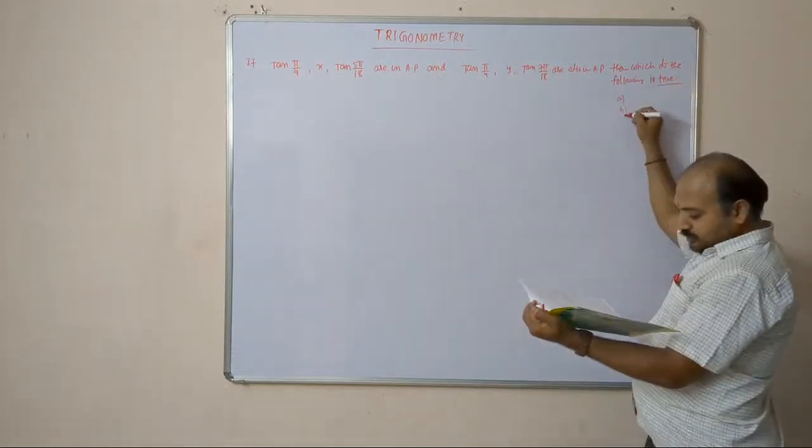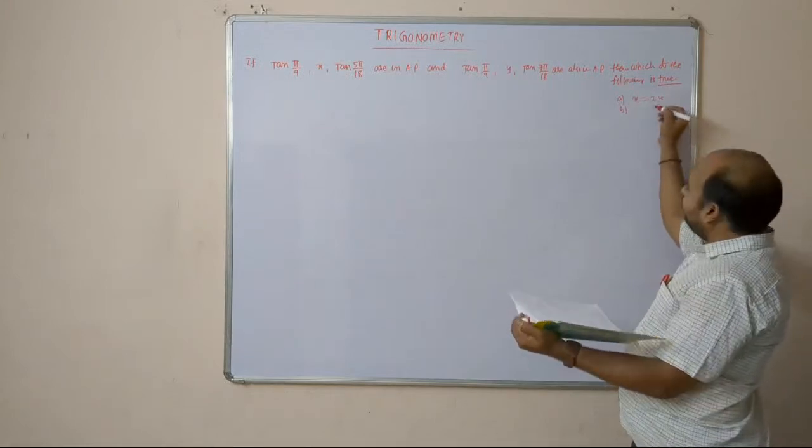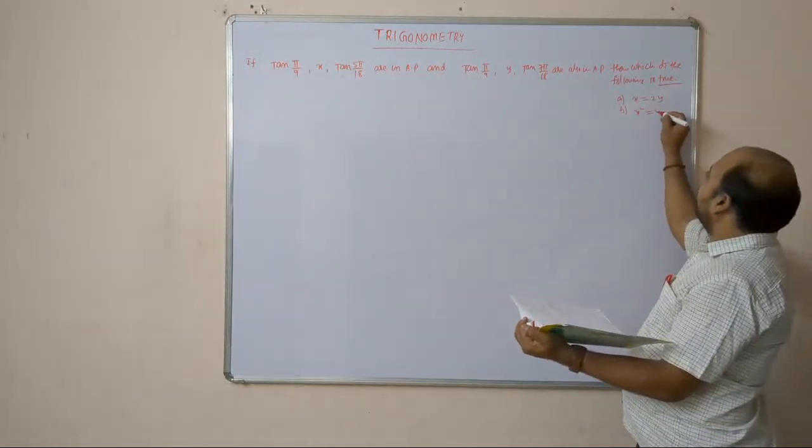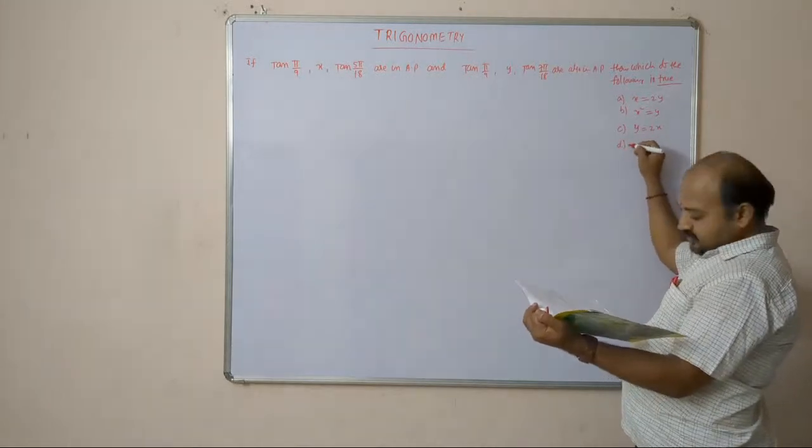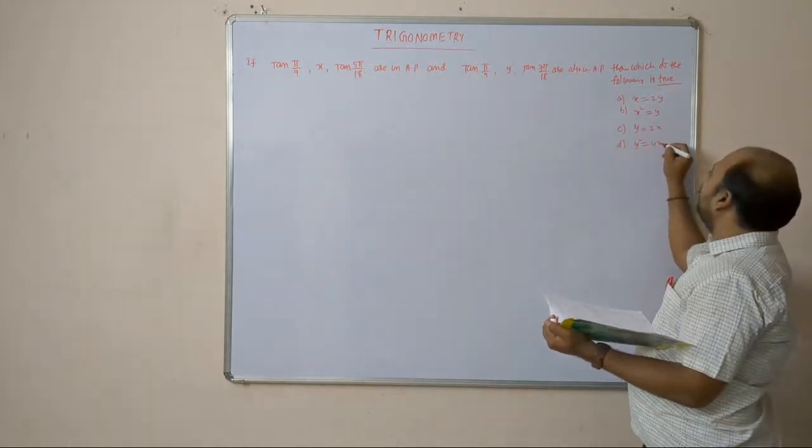So first option, x is equal to 2y. Second option, x square equal to y. Third option, y is equal to 2x. Fourth option, y square equal to 4x.